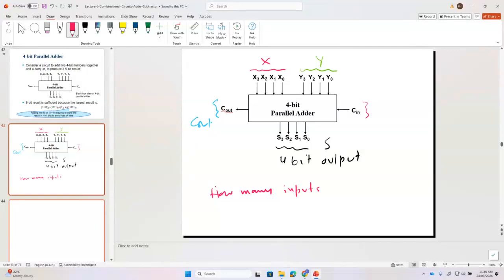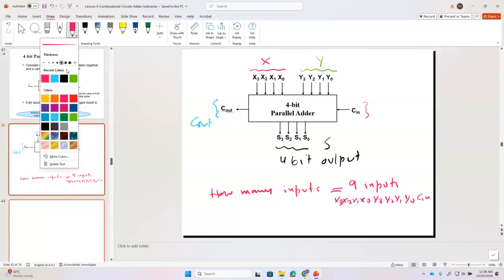We have 9 inputs, because 1, 2, 3, 4, 5, 6, 7, 8, 9. What are these inputs? These inputs are X3, X2, X1, X0, Y3, Y2, Y1, Y0, and Cin.